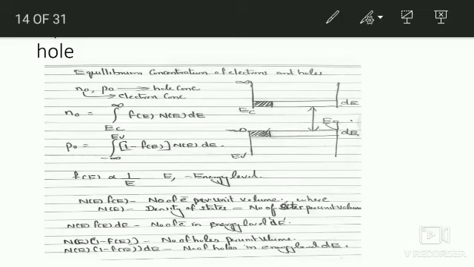F of E N of E dE represents the electron concentration in the range dE.